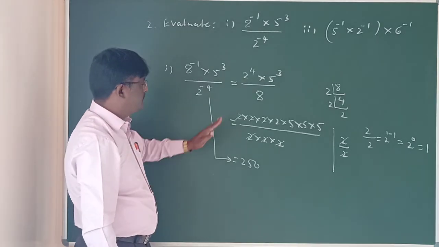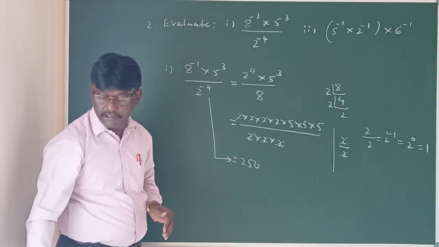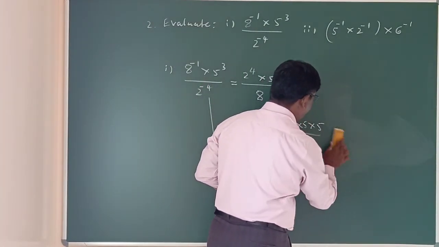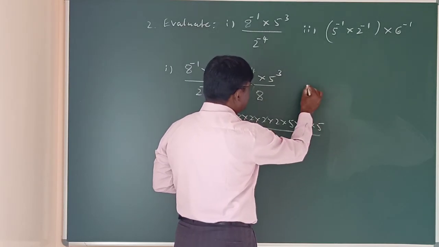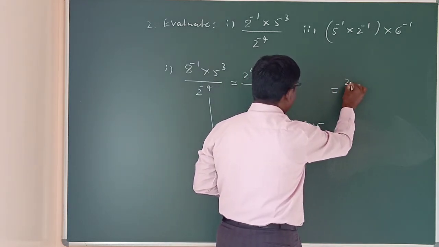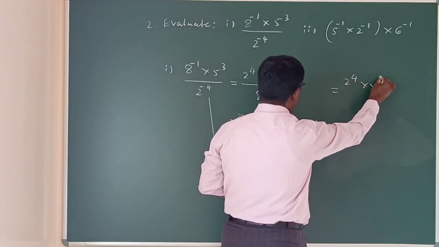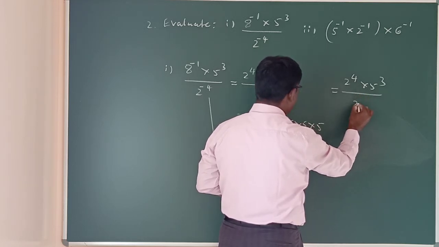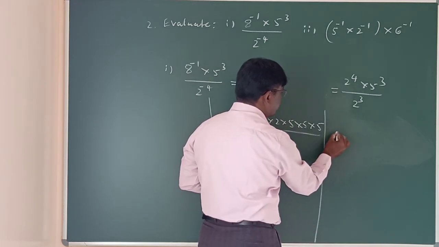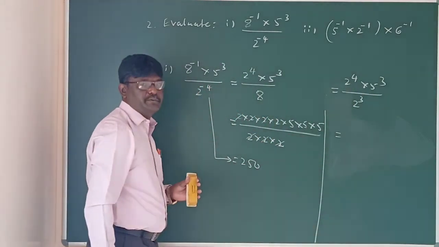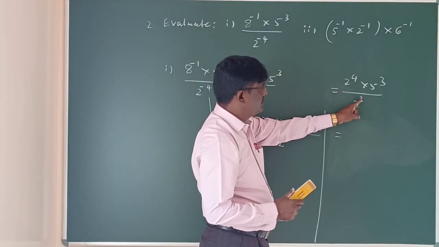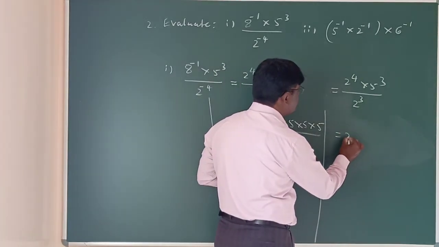In one way, this could be simplified like this. Okay, now just you see one more approach, the way of simplifying. Now this could be written as 2 power 4 into 5 cube, over 8. 8 can be written as what? 2 cube. Now you see a power m, when m is greater, we used to write what?